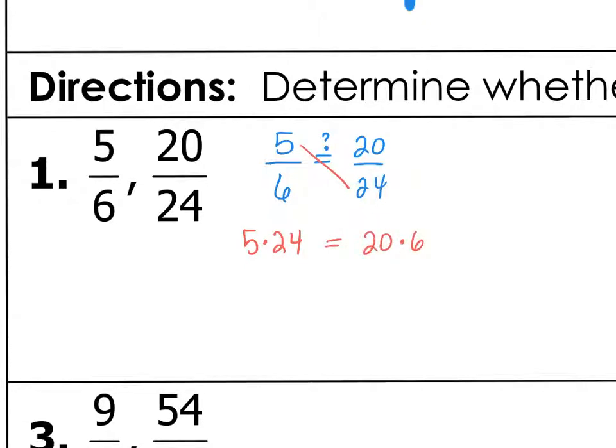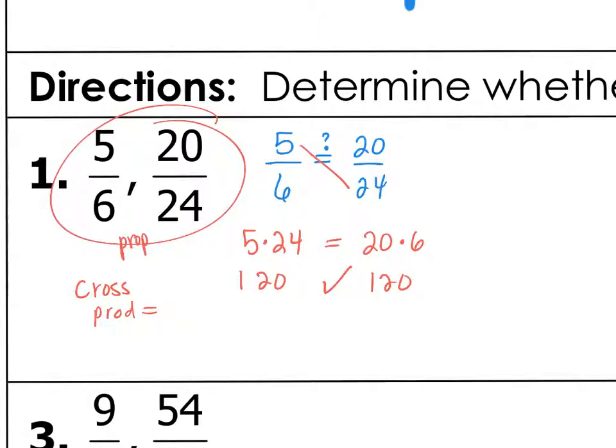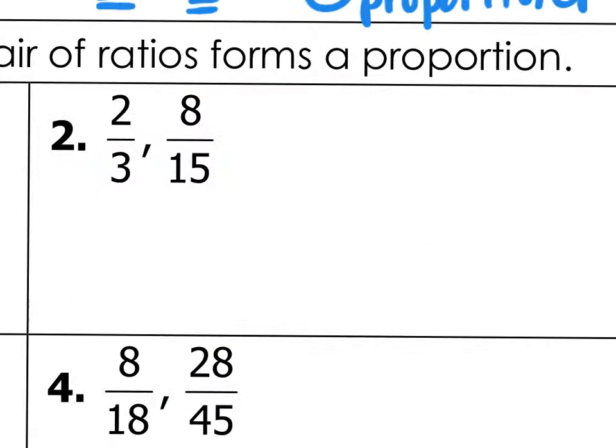And 5 times 24 does equal 20 times 6, as this is 120 and this is 120. So since the cross products are equal, these two ratios form a proportion. You also could have told that they form a proportion because times 4, times 4, they're equivalent fractions.